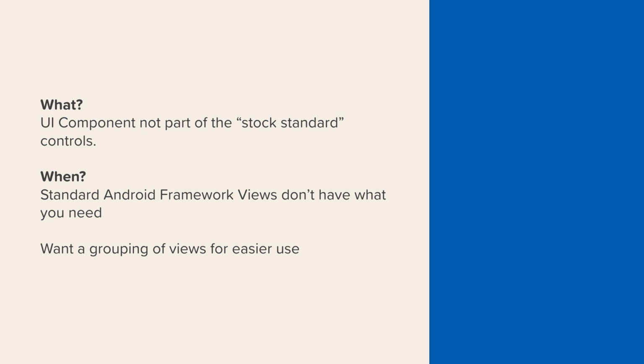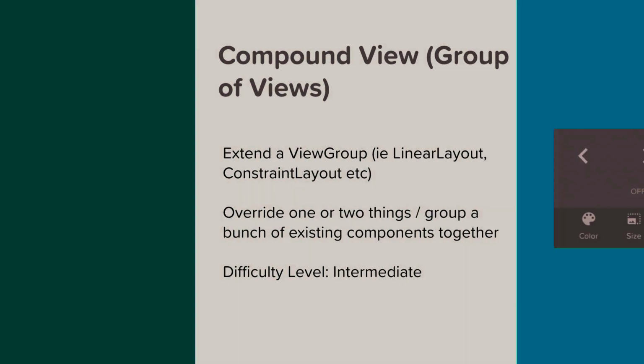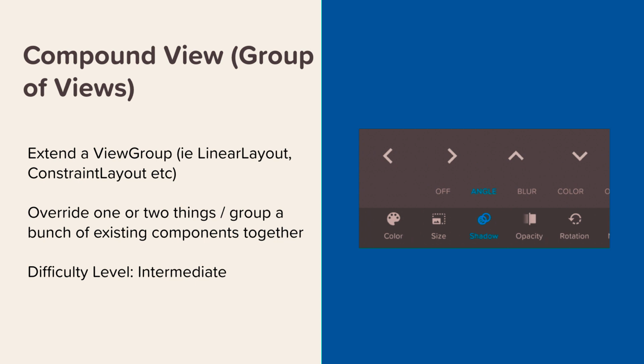So when we talk about custom views, there's kind of two different thoughts around them. And the first one is what we call a compound view. And this is basically a group of views, so standard Android views. In this example, these 4 buttons over here at the top are just normal Android image buttons, but there's nothing fancy about them.